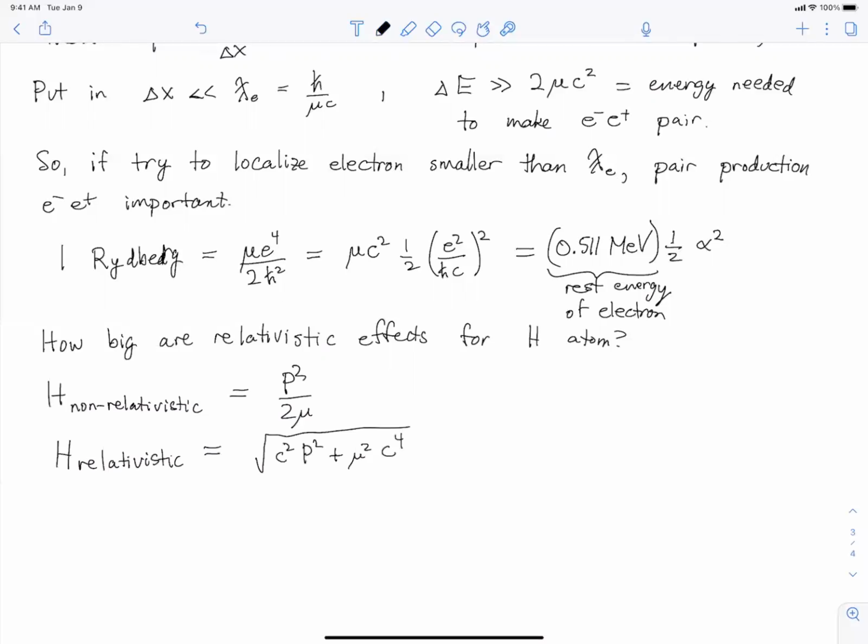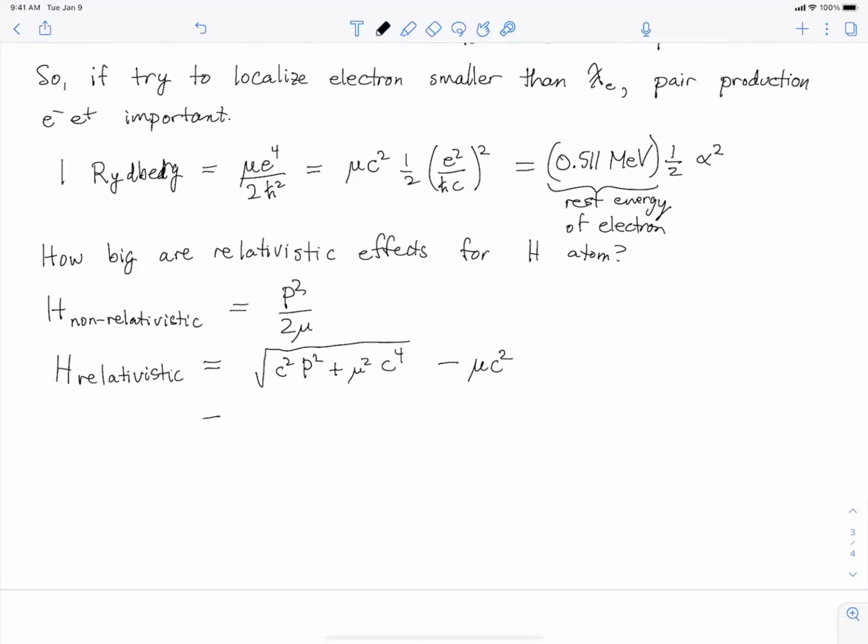So that comes directly out of special relativity. And then if we want, we can subtract off a constant. It never hurts to subtract off a constant quantity, and we'll subtract off the constant rest energy. Okay, so now let's rewrite this. In the square root, we can pull out a factor of mu c squared and write the rest of it as the square root of 1 plus p squared over mu squared c squared.